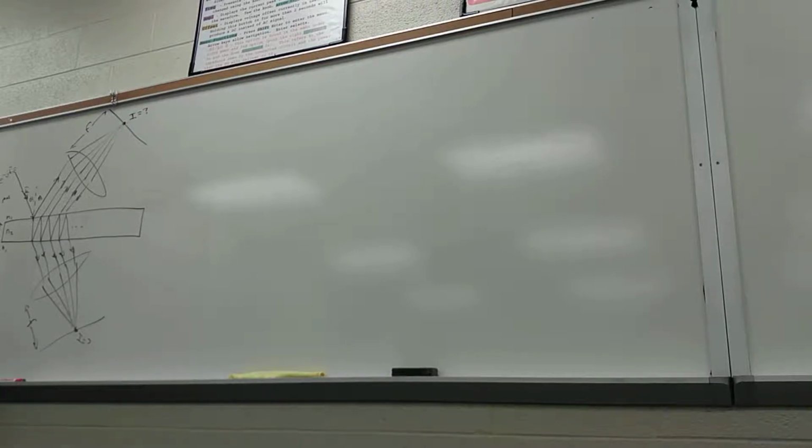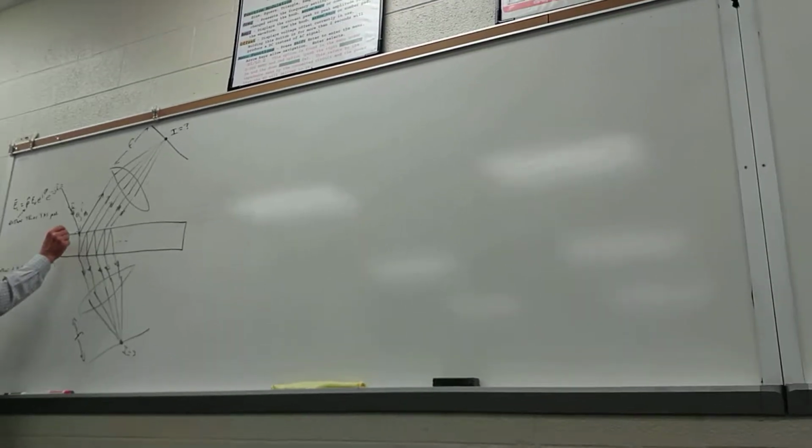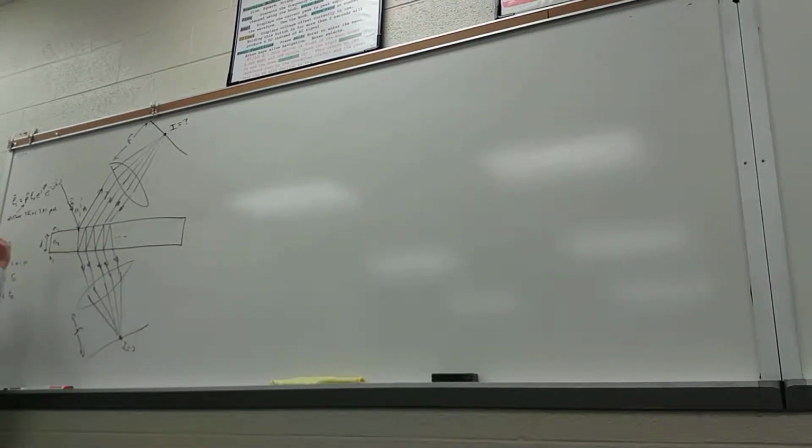Okay, so let me switch colors so it doesn't get too messy here. Let's say that right here, for the incident wave, let's just call the phase there 0, just so we can get rid of it now. Then the field, the only piece of it that we care about is E0.